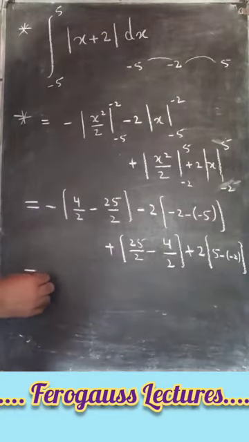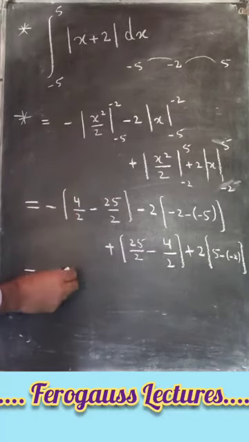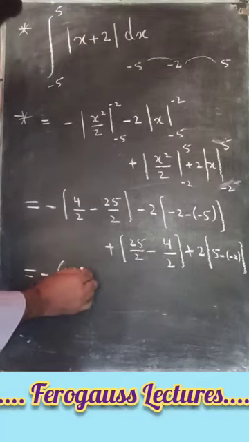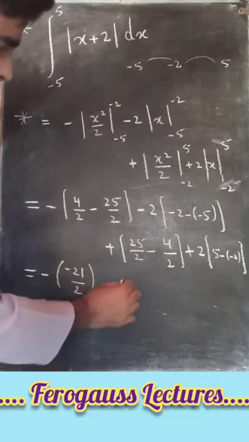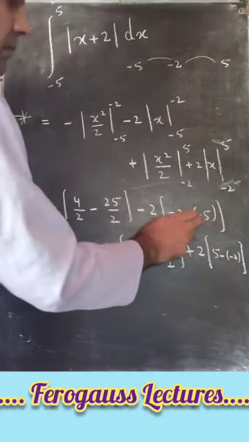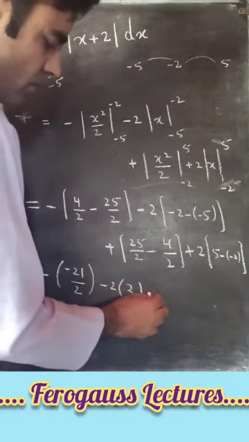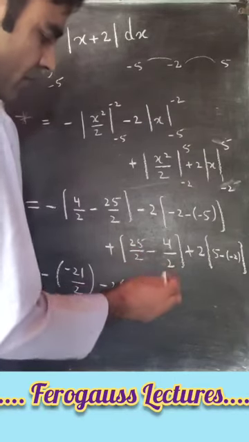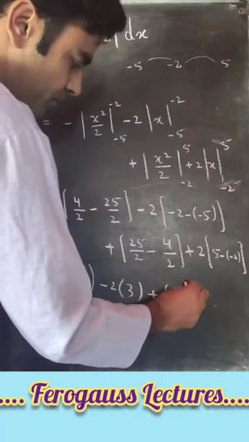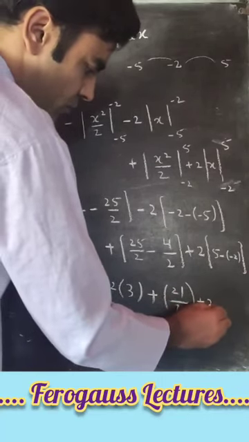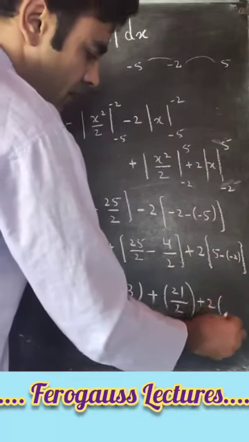That is further equal to minus times minus 25 minus 4, that is minus 21 divided by 2, then minus 2, minus minus is plus, it is plus 5 minus 2, that is 3, plus 25 minus 4, that's 21 divided by 2, plus 2 times, it is 5 minus minus is plus, 5 plus 2 is 7.